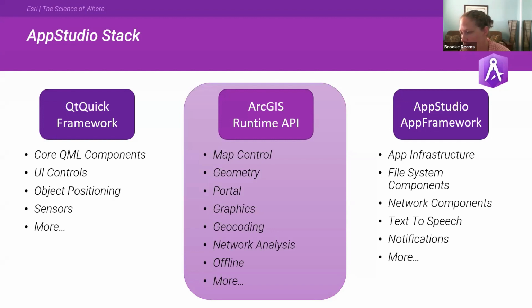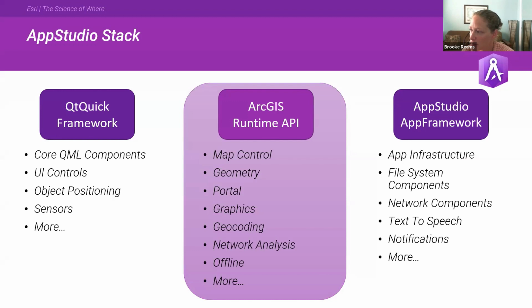You can work with graphics, so maybe you want to display a graphic to show routing, for example. We're actually going to do a sample of that. Geocoding is possible. Network analysis, meaning again routing, closest facility, and going offline, and so much more.